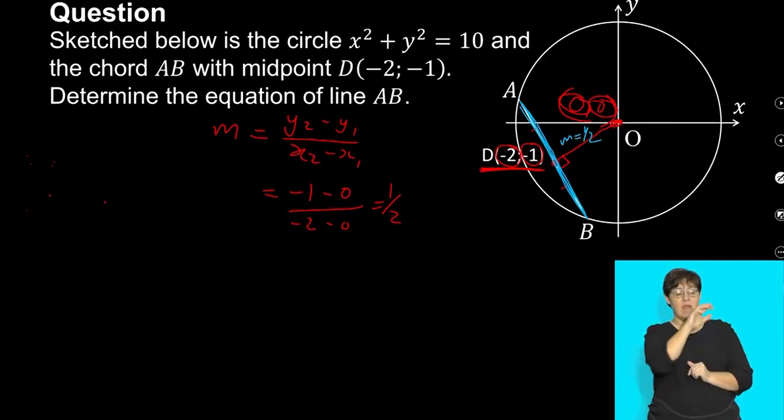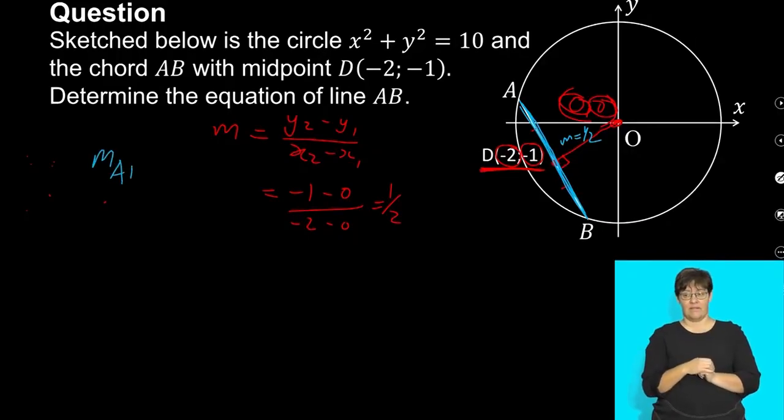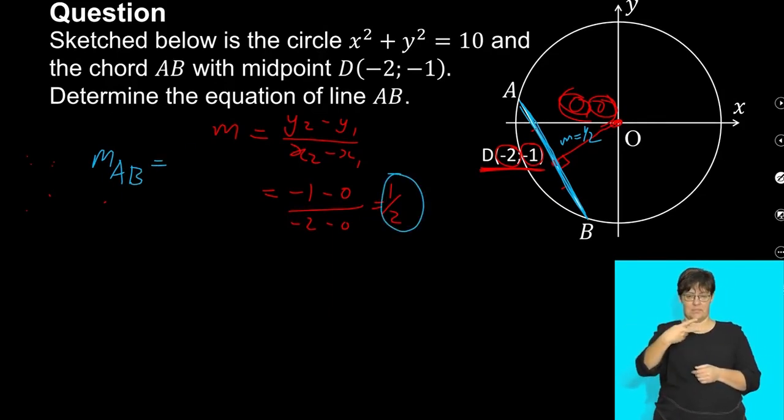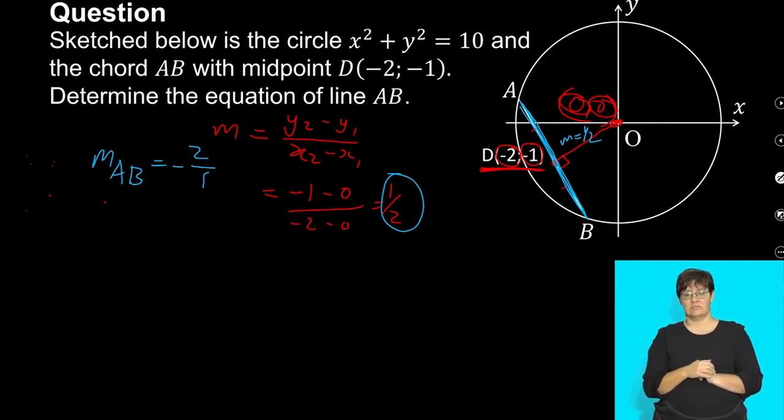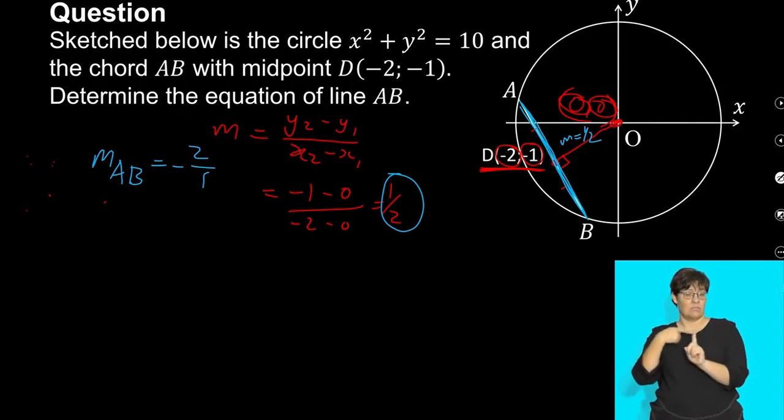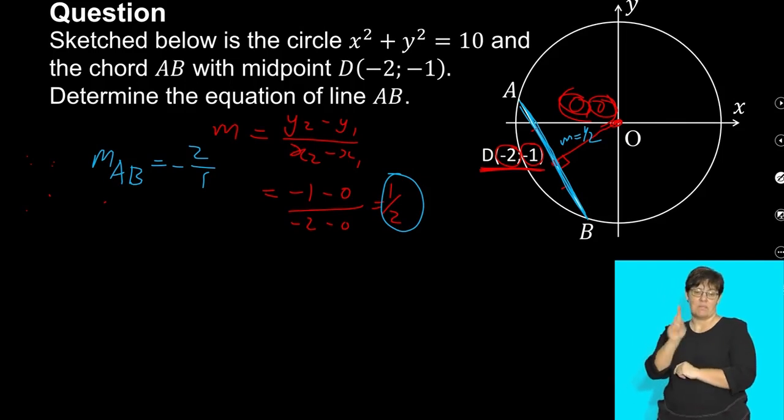So the gradient of the perpendicular line is going to be this gradient flipped over. Instead of 1 over 2, it's going to be 2 over 1, and I'm going to change the sign to a negative, because a negative times a positive gives me a negative answer. Now my product must be equal to negative 1.